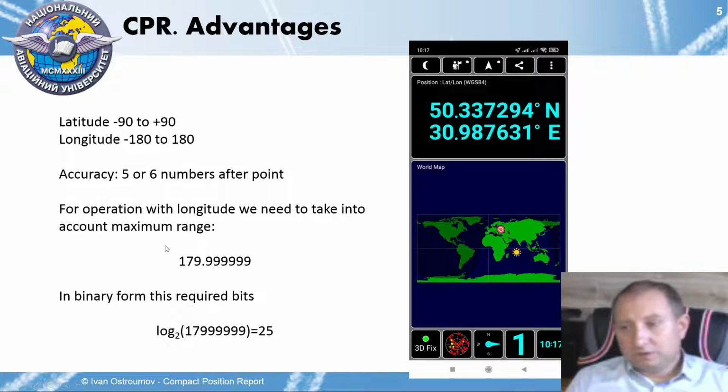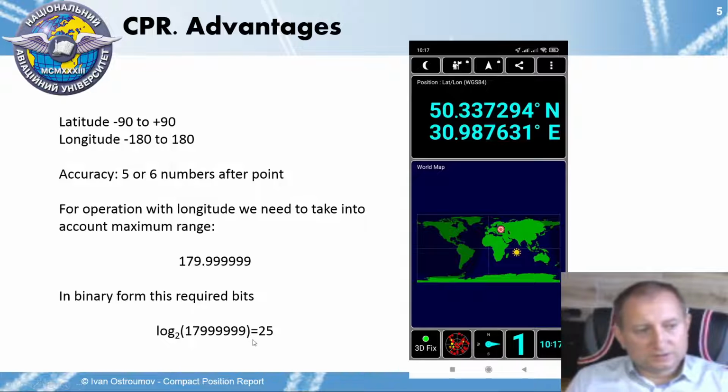And if we try to code it with just a simple binary code, you will see that we need at least 25 bits of information. That's why we need to count the logarithm with base of 2 from the numbers which we would like to code.